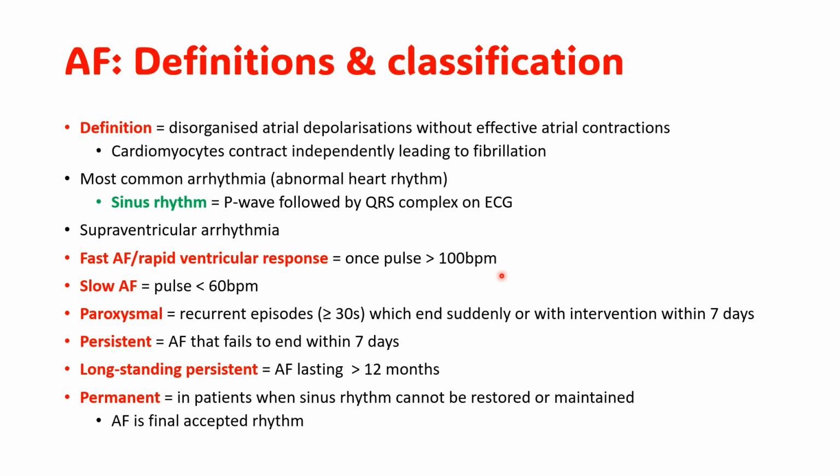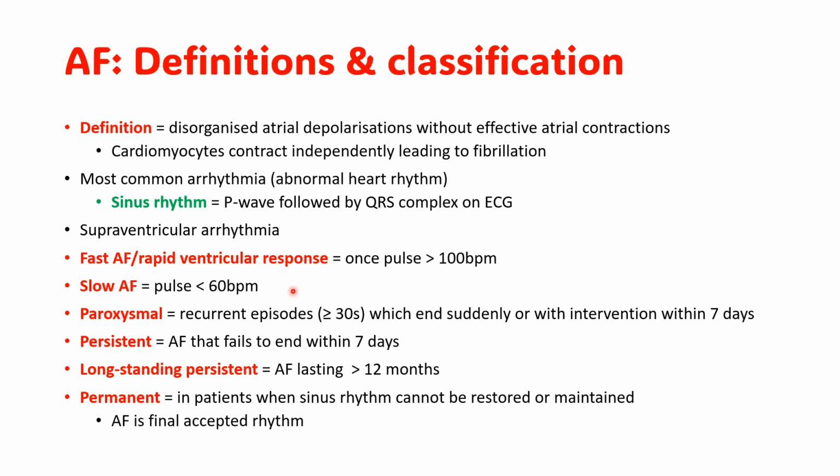The electrical conduction goes through the AV node, and the ventricles can pick up the electrical impulses and have this rapid response, where the ventricular rate can end up greater than 100 beats per minute. We also have slow AF, where the pulse is less than 60 beats per minute.